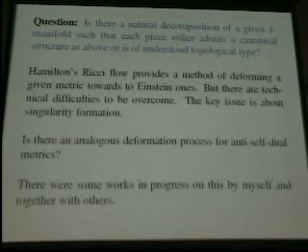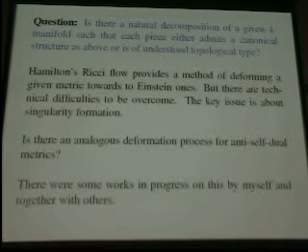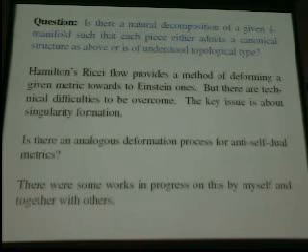But still, there's one question: is there a natural decomposition of a given four-manifold, such that each piece either admits a canonical structure as above, or is of an understood topological type?